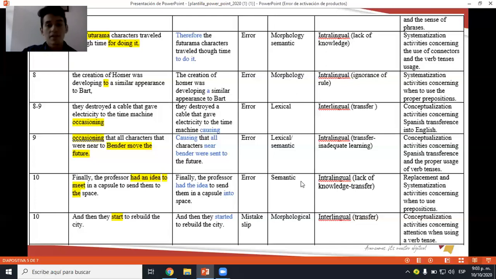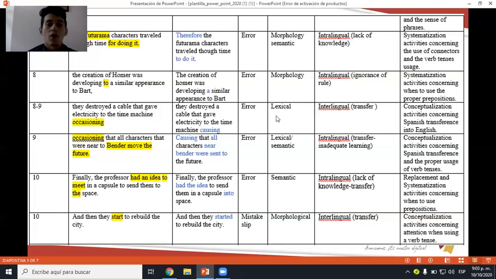I classified it as a semantic error because it was really hard to understand these sentences, since the meaning was not really accurate. So I also proposed a replacement and systematization activity concerning prepositions.